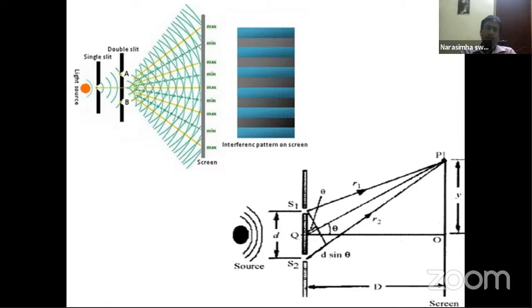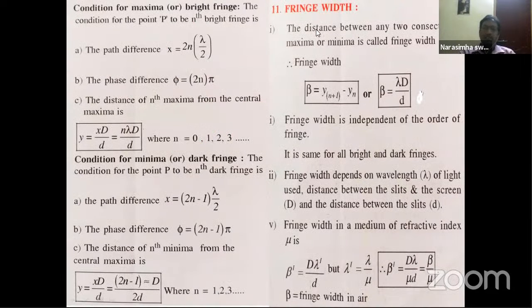That may be calculated not only for maxima, we can calculate it for minima also. The distance between any two consecutive maxima or minima is called fringe width, indicated with beta. To calculate that we need to subtract.